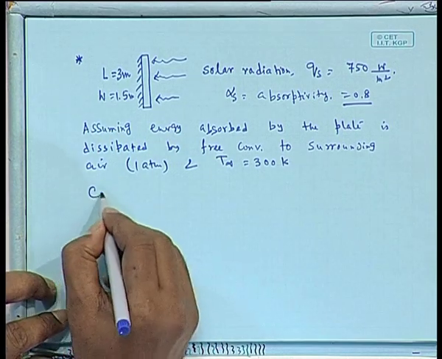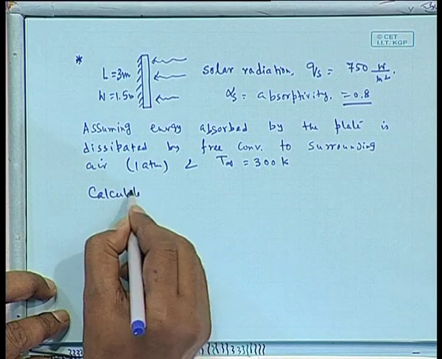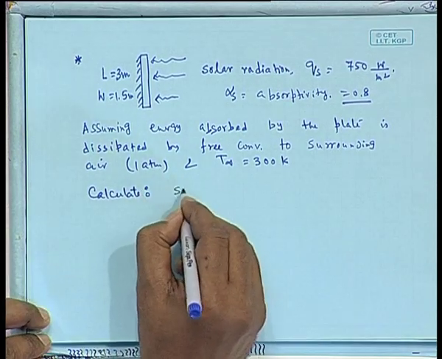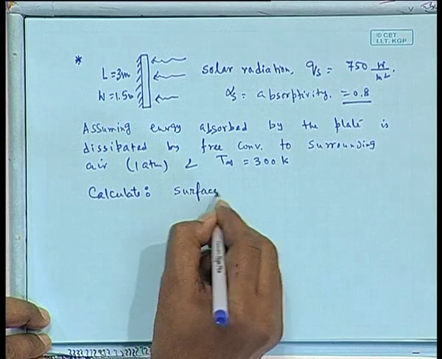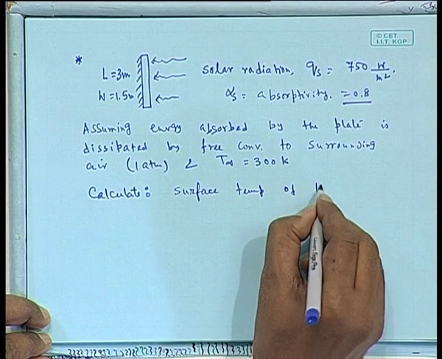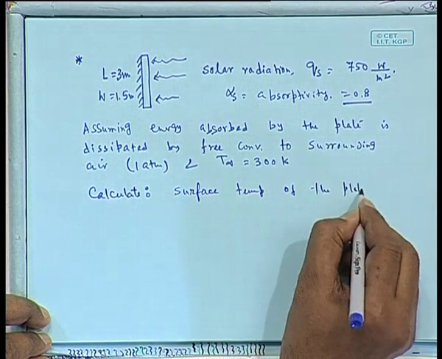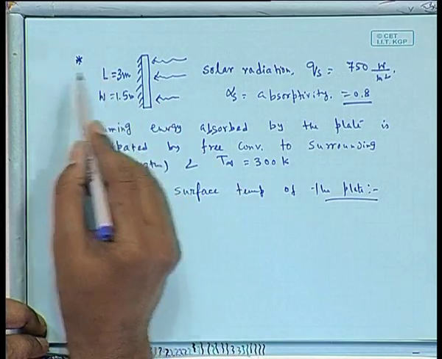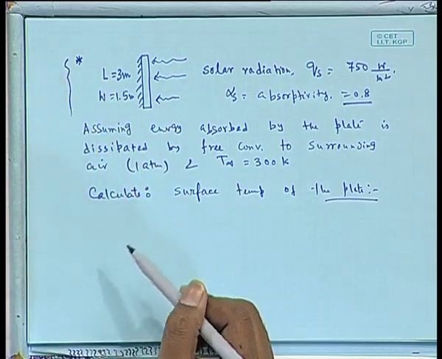We have to calculate roughly the surface temperature, the average surface temperature of the plate. This type of calculation may be useful in the case of a solar heater, or what is sometimes called a flat plate collector.